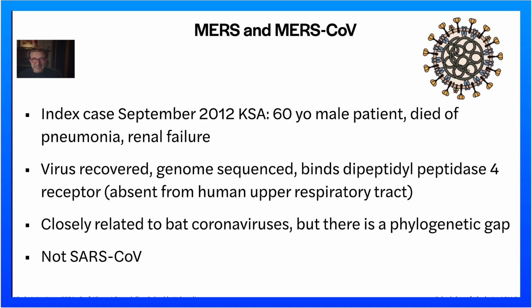They identified it as a new coronavirus, a novel coronavirus. They identified the receptor for this virus, dipeptidyl peptidase 4, which interestingly is not present in the human upper respiratory tract. Okay? So that's going to tell you right away why this virus does not transmit well among people.